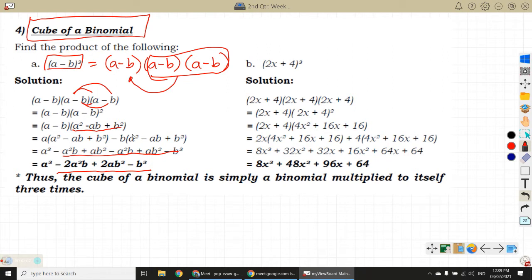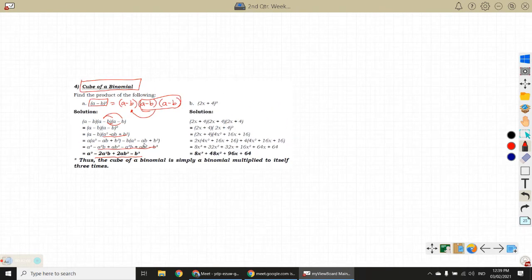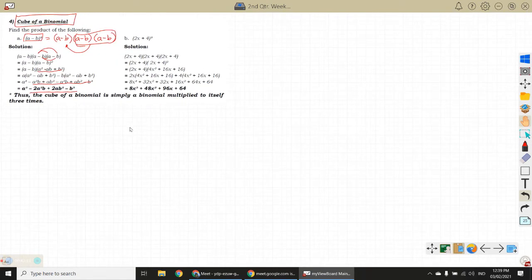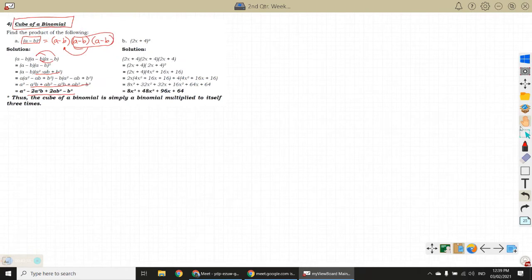So, ipakita ko sa inyo kung ano yung mas madaling way para masagot yung ating answer, yung katanungan natin. Okay? So, let us answer the cube of a binomial. Okay, let us answer. Paano kaya yung madali, sir?